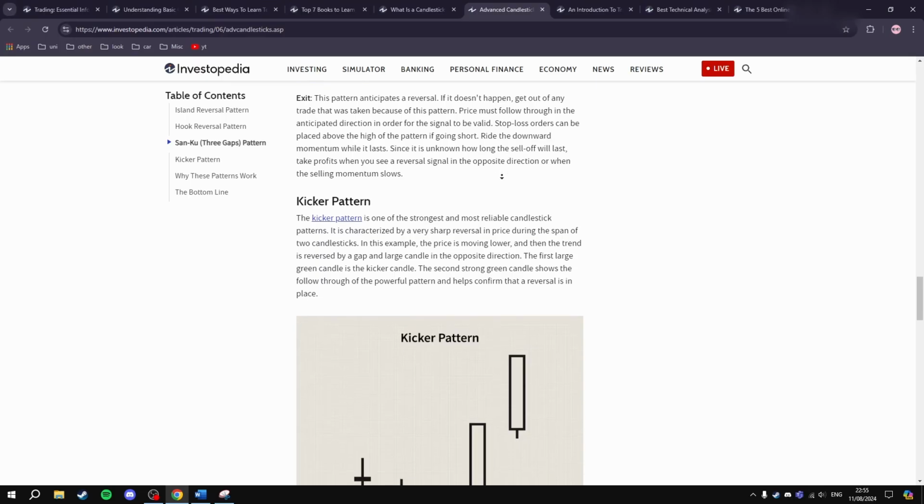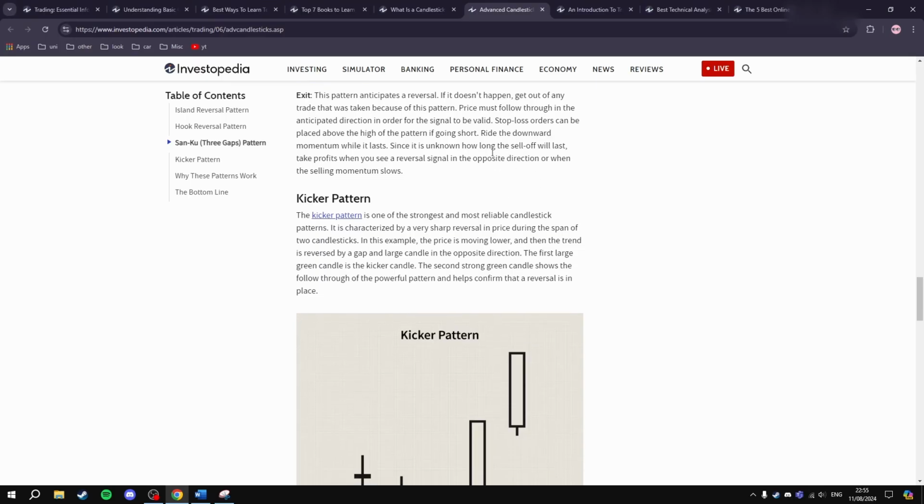Exit. This pattern anticipates a reversal. If it doesn't happen, get out of any trade that was taken because of this pattern.